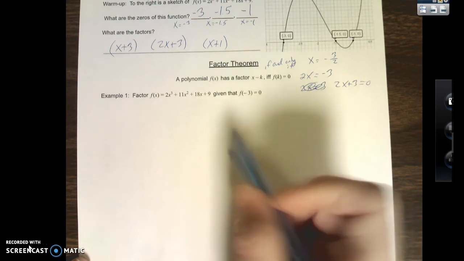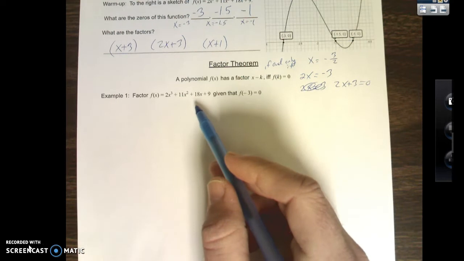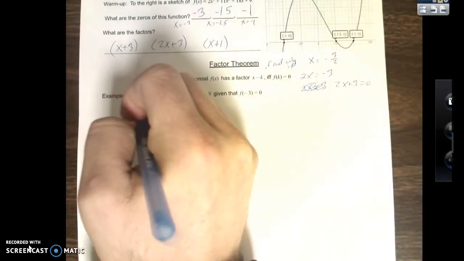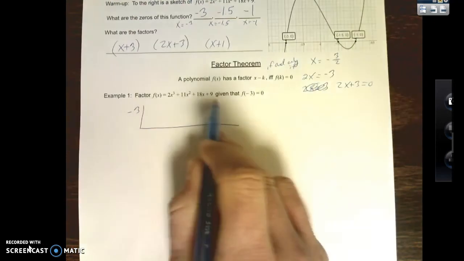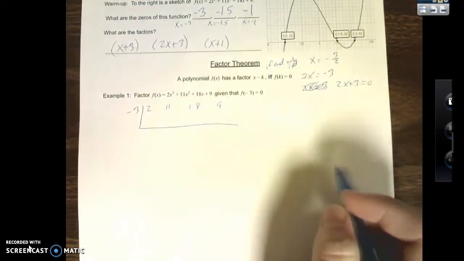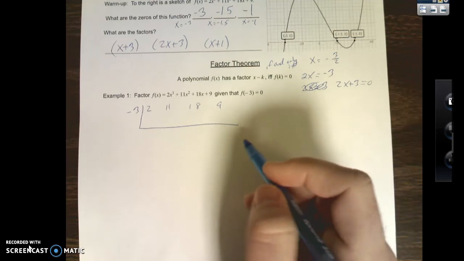Because we want to break this down. I can't do anything with an x cubed right away, but I can do stuff with x squared. So check this out. We're going to put a -3 out here, and I'm going to go ahead and do synthetic division. 2, 11, 18, 9. Now, I want my remainder to be a 0. If it's a 0, I know I'm okay.